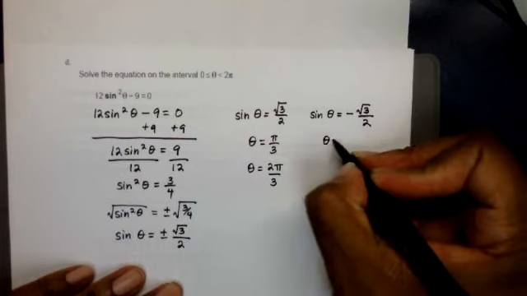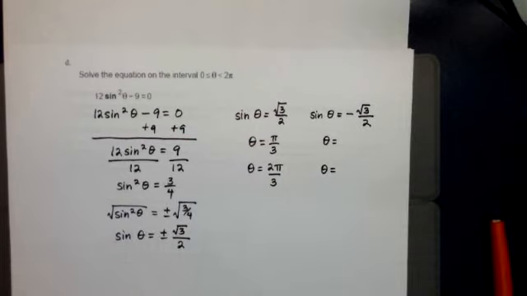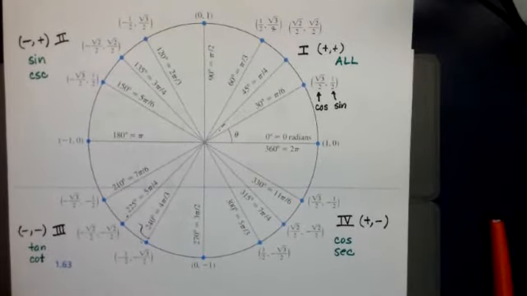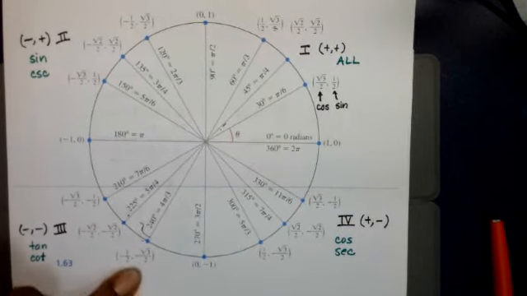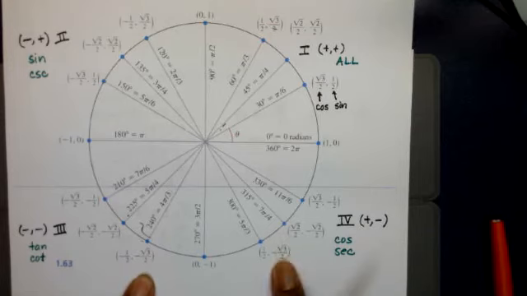Now, what about for sine theta equaling negative square root of 3 over 2? Now, I need to find out from that unit circle which of these points have the y-coordinate of negative square root of 3 over 2. It's these two at the bottom right here. The y-coordinates are negative square root of 3 over 2 here and here. For this one, that angle was 4 pi thirds.